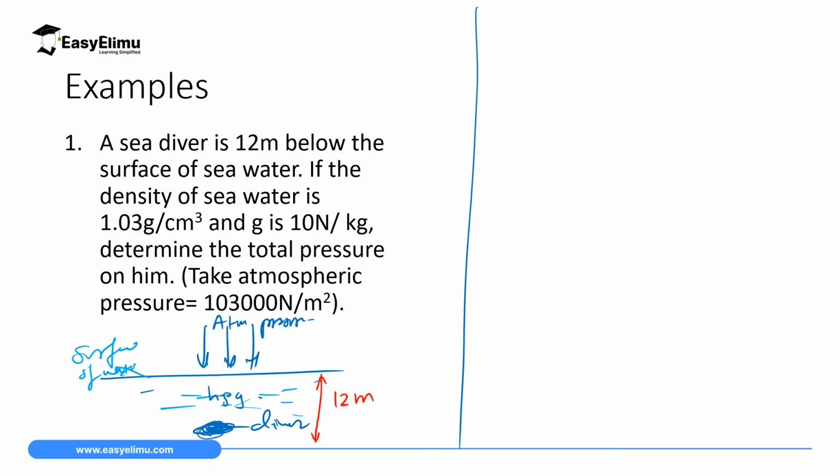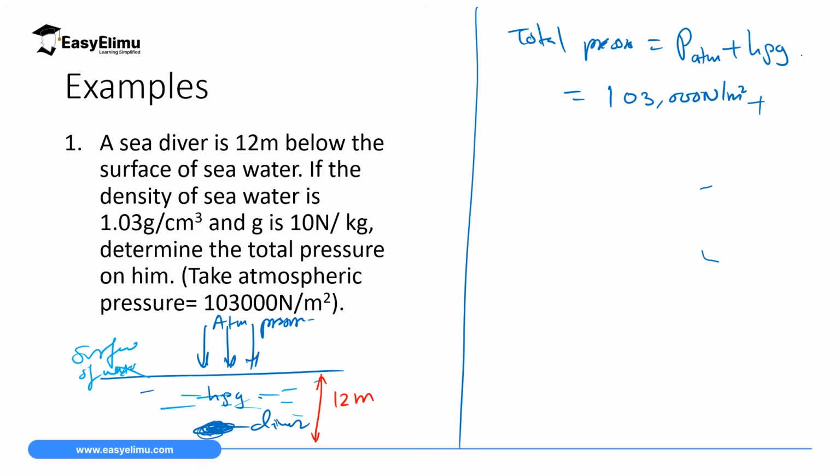Now they want us to get the total pressure. In this case we have said total pressure is equal to pressure due to the atmosphere plus H rho g. Now pressure due to the atmosphere, we are given 103,000 newtons per square meter, then plus H rho g.